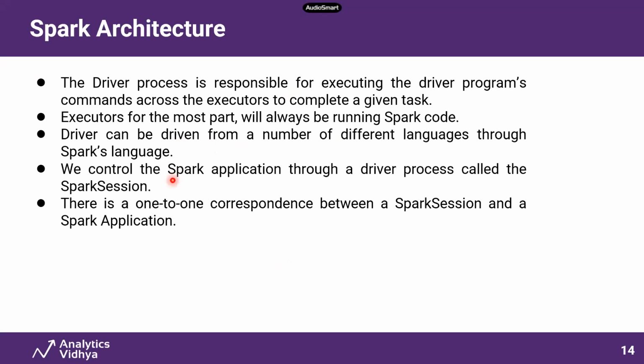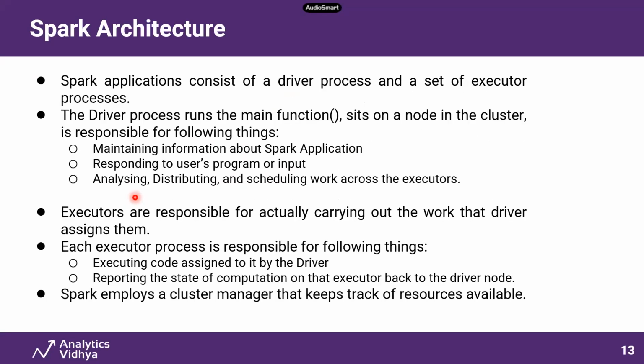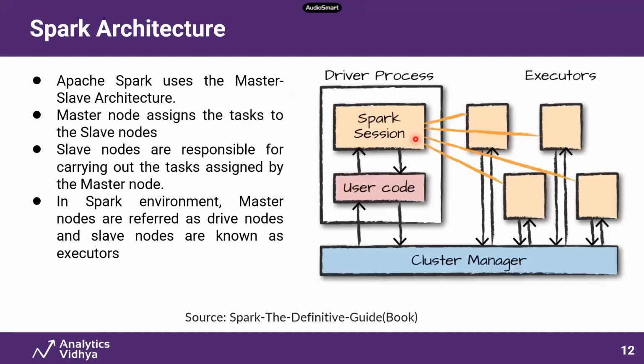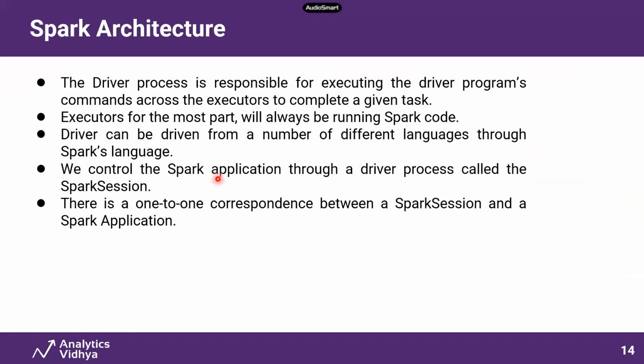The Spark application can be controlled through a driver process known as the Spark session, which we discussed earlier, and which is not just a connection made between the application and the cluster. There is a one-to-one correspondence between a Spark session and a Spark application. Although it is not mentioned in this slide, there is one more thing analogous to the Spark session, known as the Spark context.